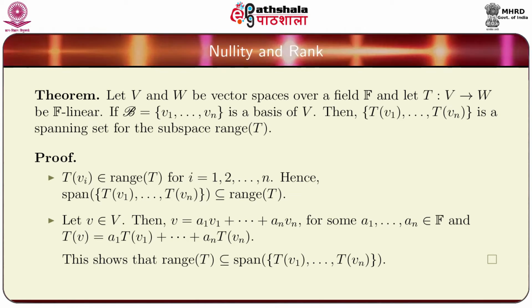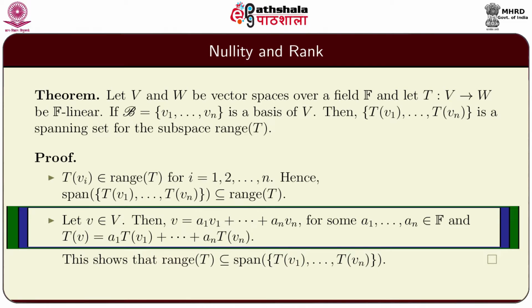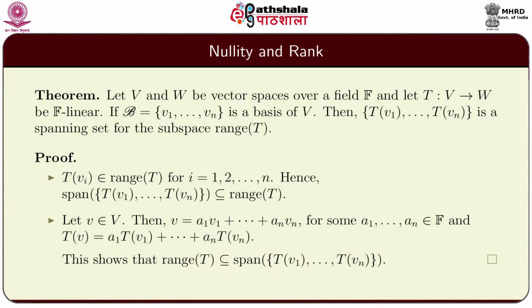Now, to prove the other way inclusion, let us start with a vector V. Then it can be written as a linear combination of V1, V2, ..., Vn, because V1, V2, ..., Vn forms a basis for the vector space V. So, V is equal to A1 V1 plus dot dot dot An Vn for some scalars A1, A2, ..., An in F, and therefore T of V is equal to A1 T V1 plus dot dot dot An T Vn.